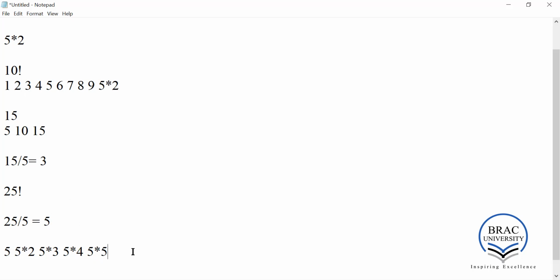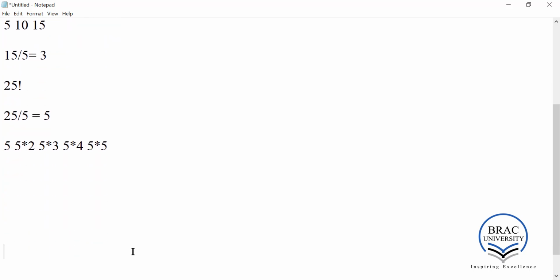So to avoid this error, firstly I will divide 25 by 5, and then again divide 25 by 25, and then again try to divide 25 by 125.